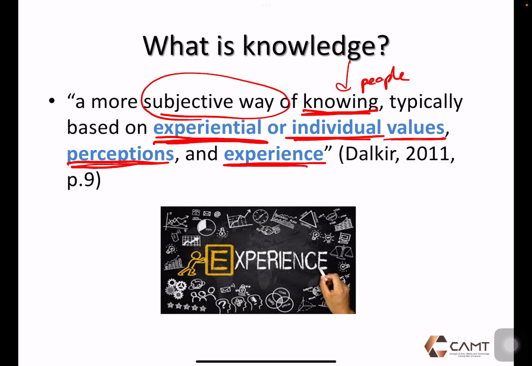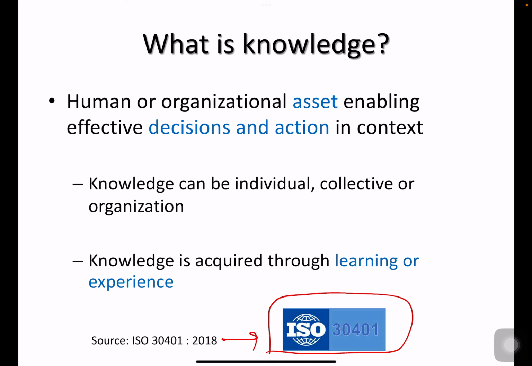But another definition, based on ISO 30401, says that knowledge is a human or organizational asset that enables effective decisions and action in any context. It is based on human or organizational assets that help people to make decisions or to act.